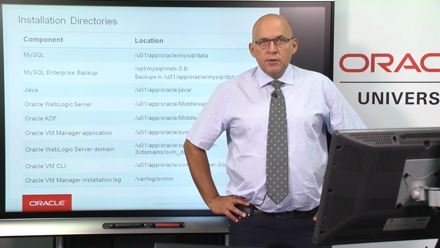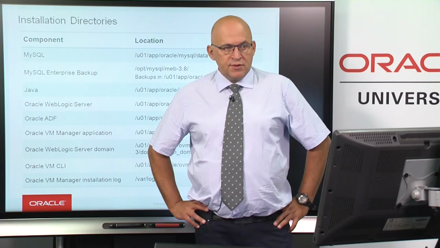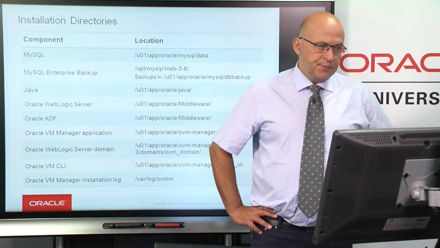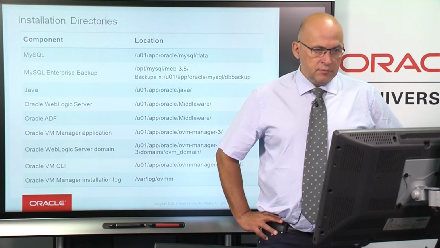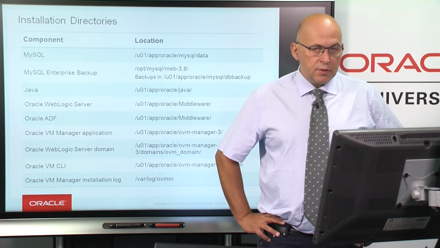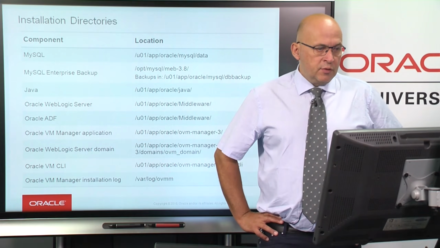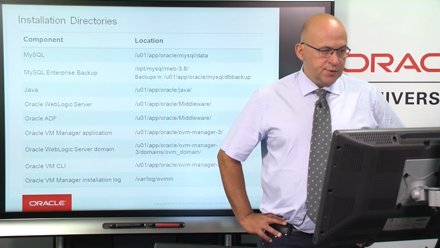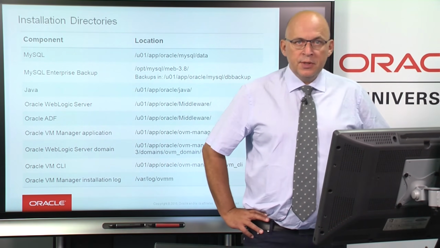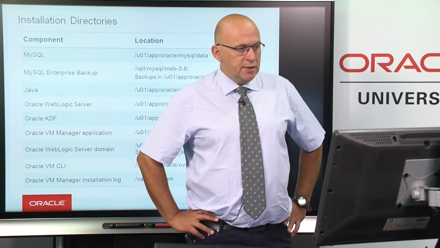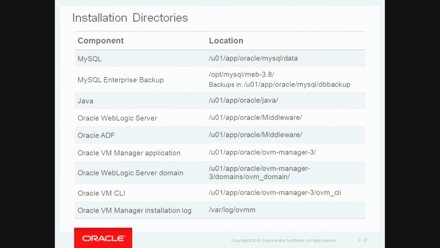Whenever the product is installed, it will create, as we have seen already, several files or directories. So you will have a layout under /u01 where you will find a MySQL database installed, MySQL Enterprise Backup as well, Java components, Oracle WebLogic Server installations, Oracle ADF installations, and the Oracle VM Manager application, one domain, because the whole manager is based on Oracle WebLogic.